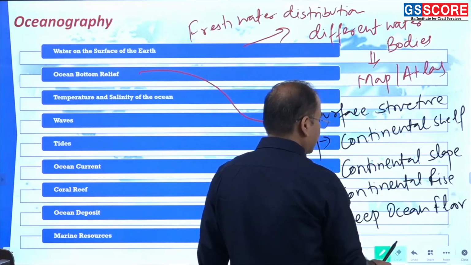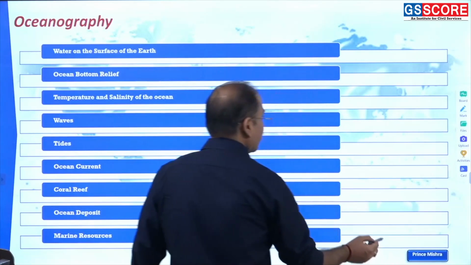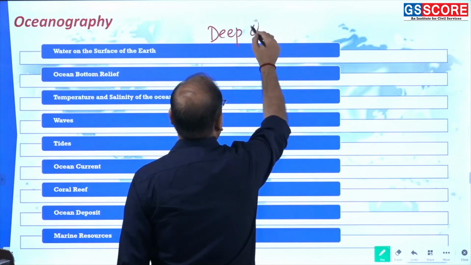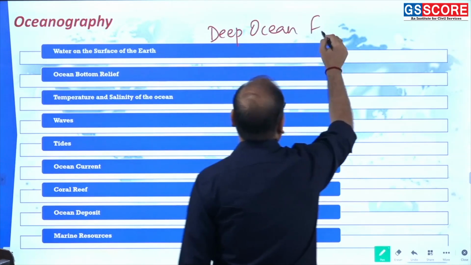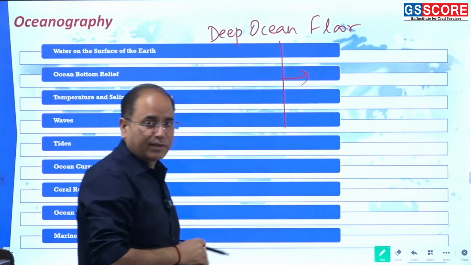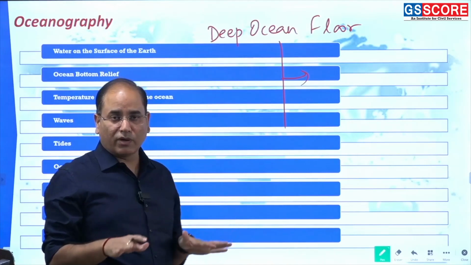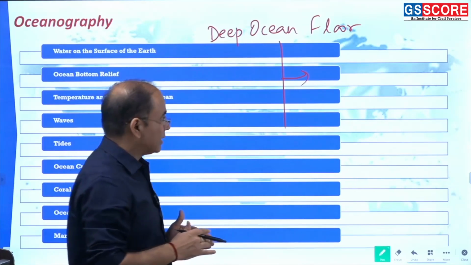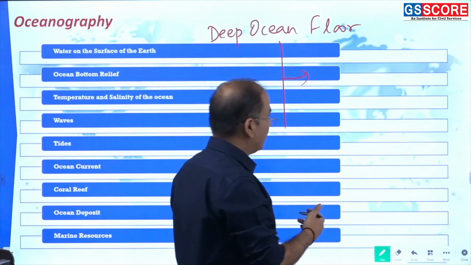When it comes to the deep ocean floor, large scale landforms are present, because our ocean bottom is not a flat featureless plane. Rather, it has a diversity of landforms.